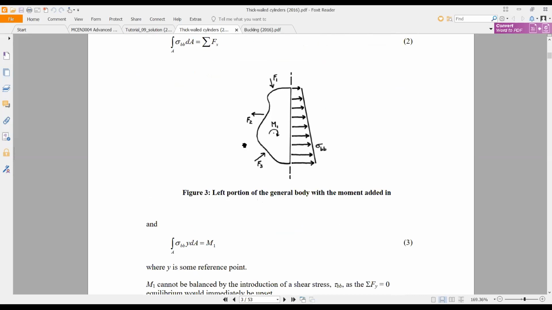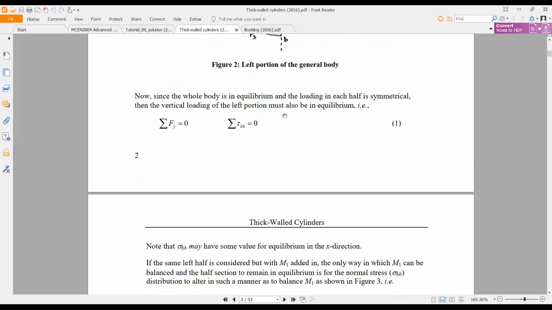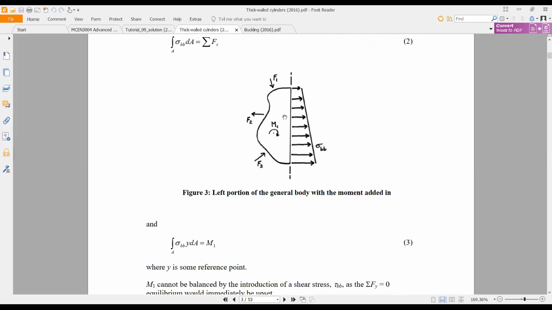So then what you can do, if you want to find out the stress or bending moment at any point of this surface, because this particular shape has a center.